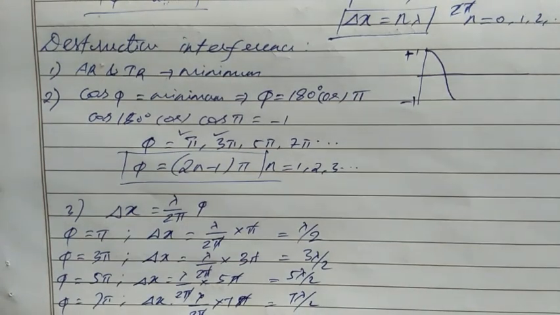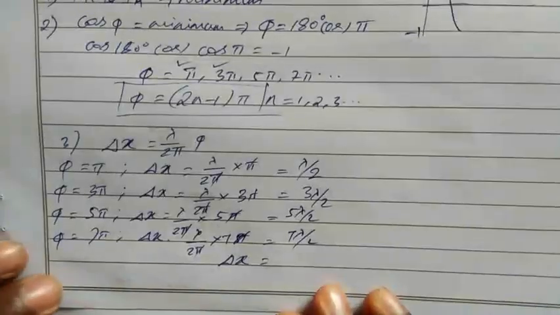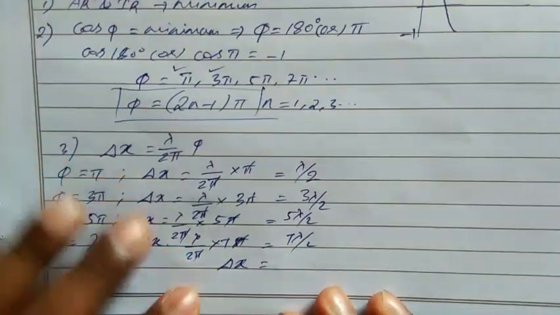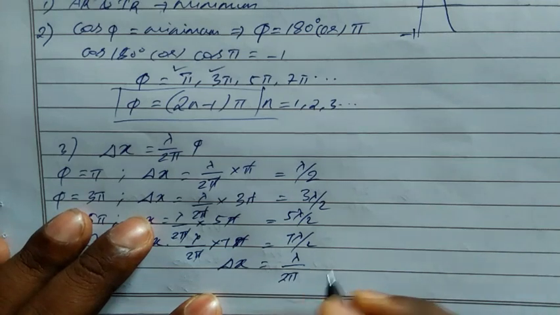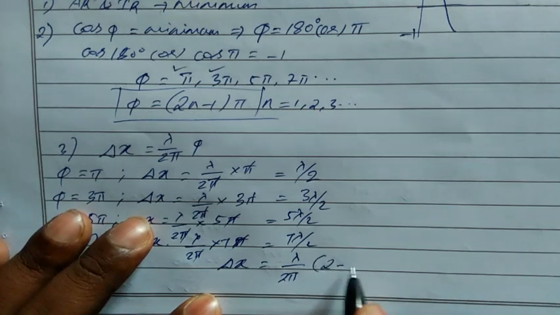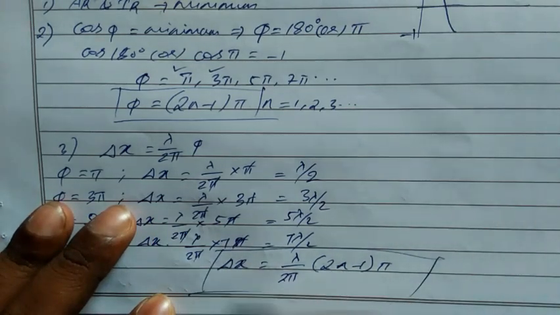So it will go on like that. Okay, so our del x, we can write del x equal to lambda by 2 pi into 2n minus 1 into pi. So this is our path difference.